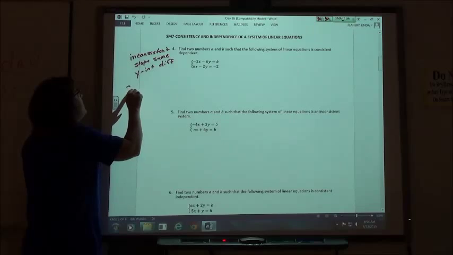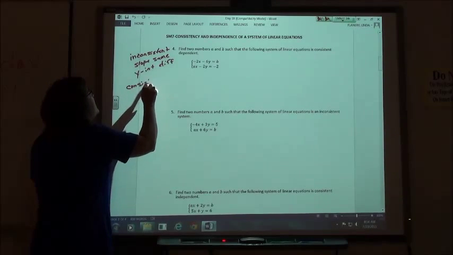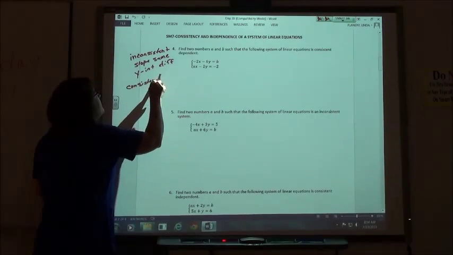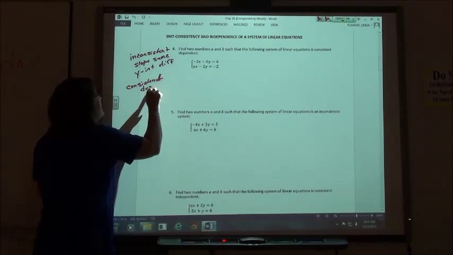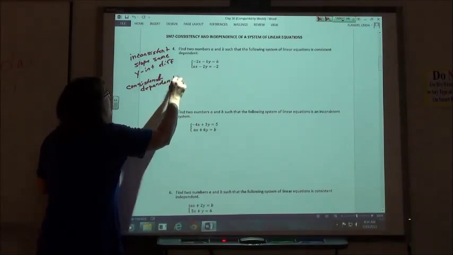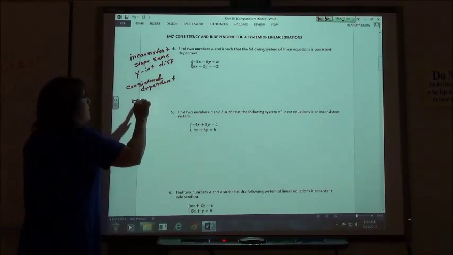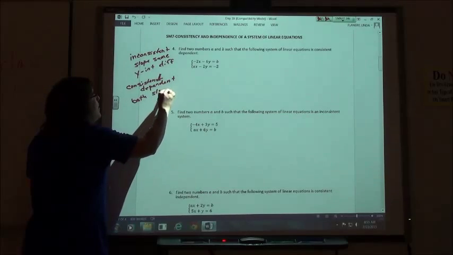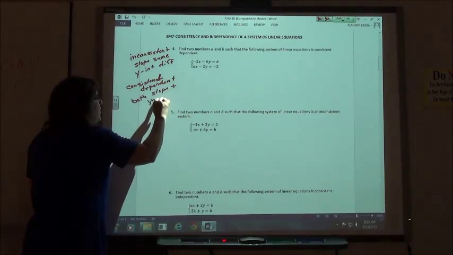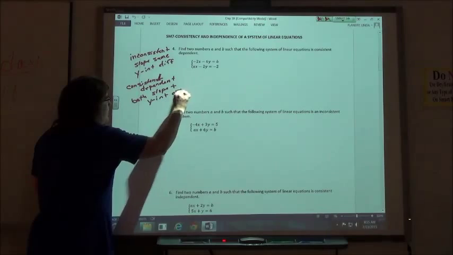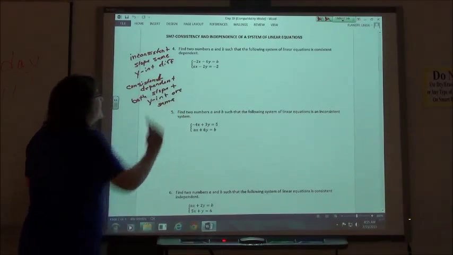If it is consistent dependent, those are the ones where it was one line right on top of the other line. Both the slope and the y-intercept are the same because it's the same line.